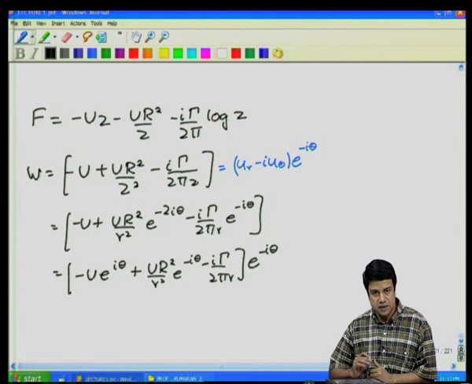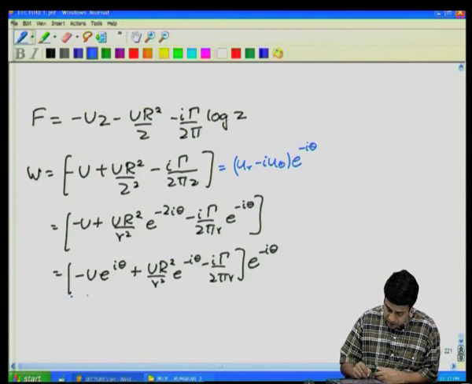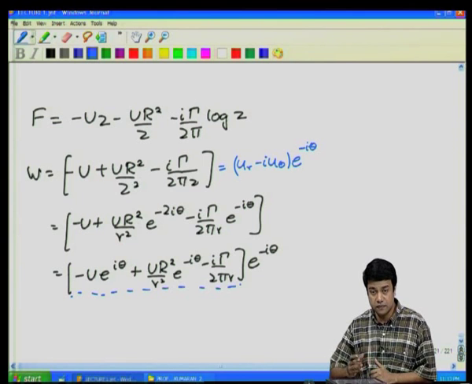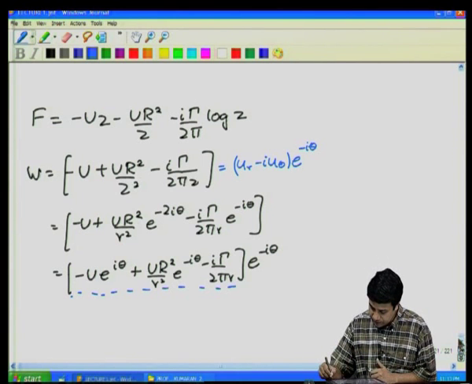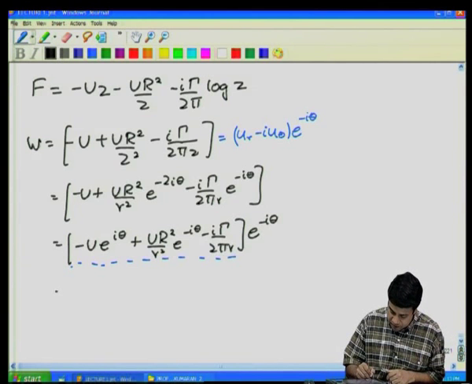So once it's expressed in this form, the radial component of the velocity is just the real part of everything that is within brackets. u_theta is equal to the negative of the imaginary part. I'll just write this down and then we will discuss it.